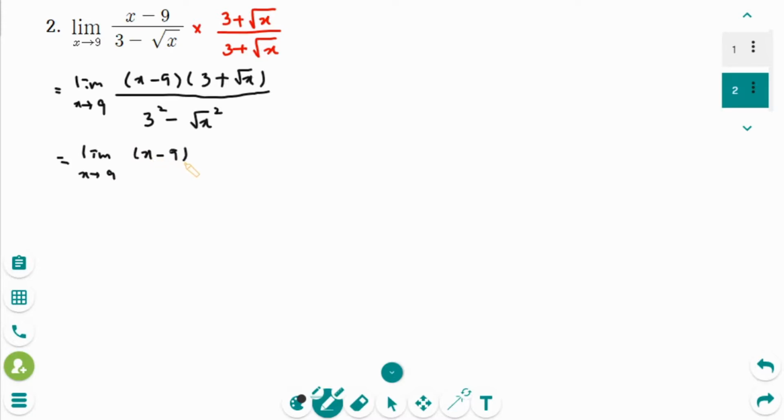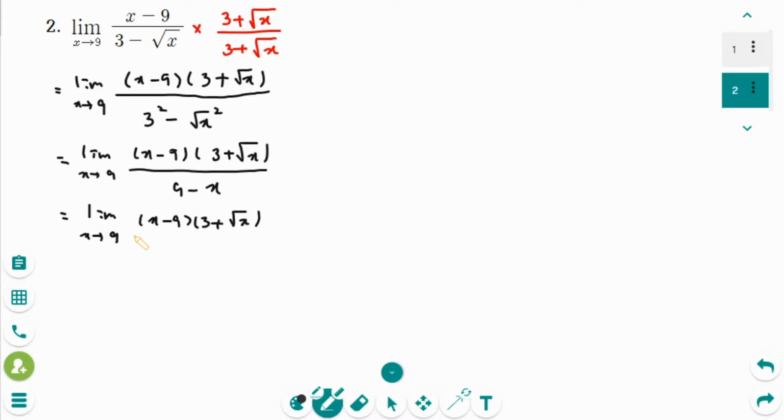So x minus 9 times 3 plus the square root of x over, this is 9 minus x. So keep the numerator. And I want to change it, 9 minus x.